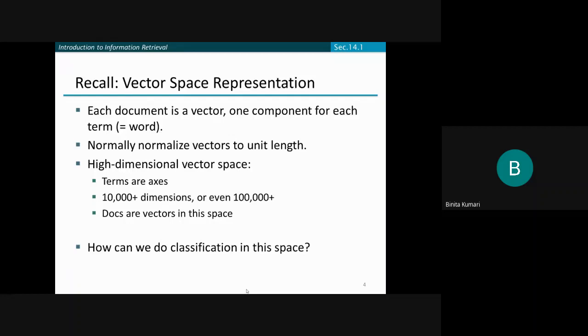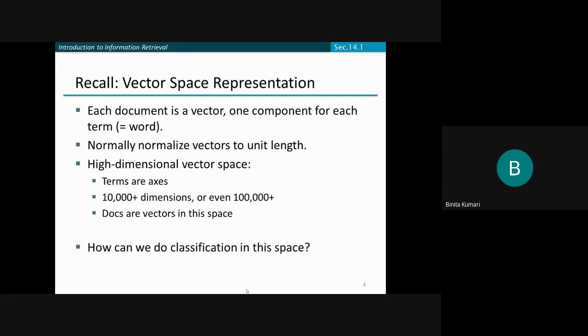So columns represent a document and each row represents the weights of a particular term in different documents. So we took the document vector and we then normalized it to unit length using our L2 norm. We did that, and then that was represented in your v-dimensional space.